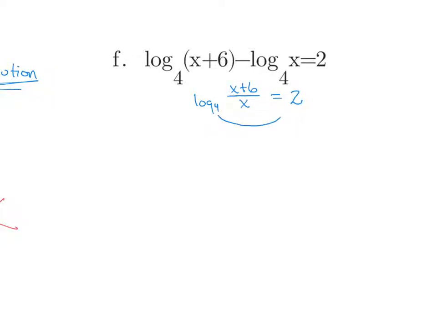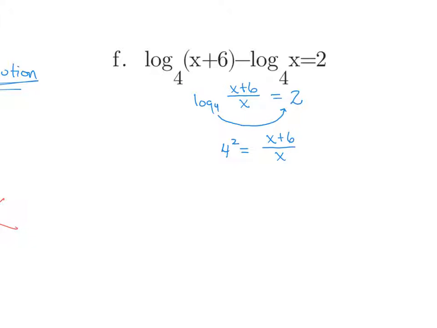From here, we can go ahead and convert to an exponential. So we get 4 squared equals x plus 6 over x.